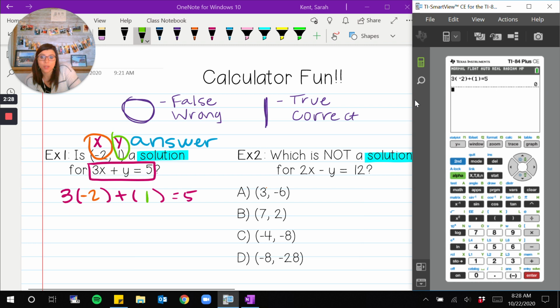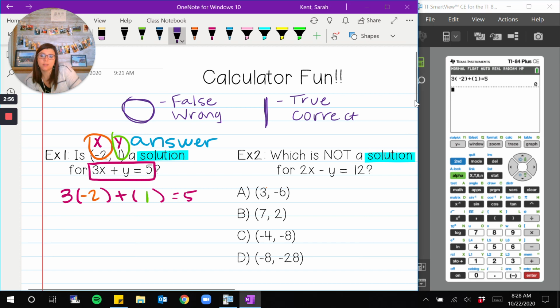So if we go back up to the top, I can remember that if it says 0, the answer is false or wrong. So if I look at my question, is this point a solution? Well, our calculator said 0, so that means our answer would be no. It is not a solution.